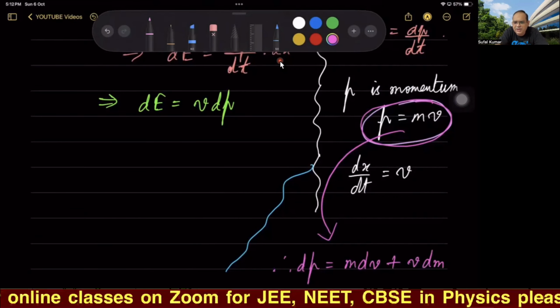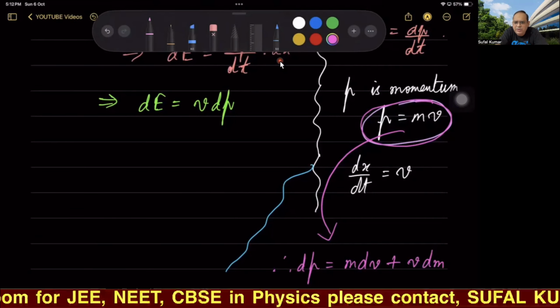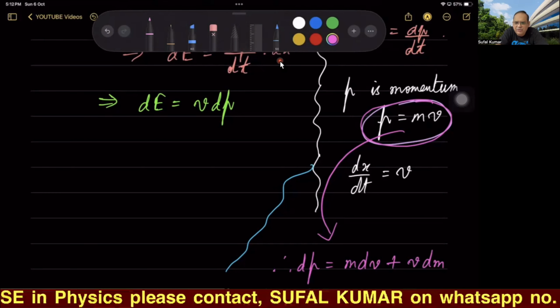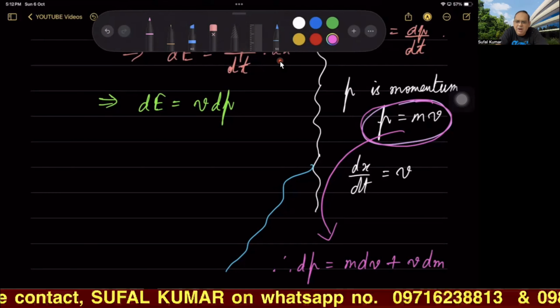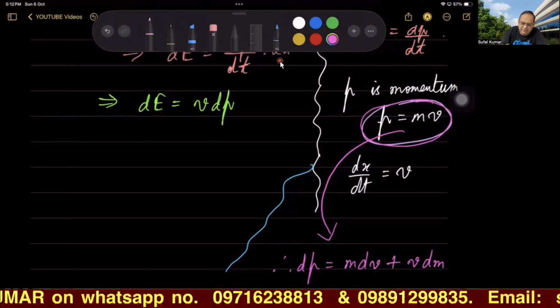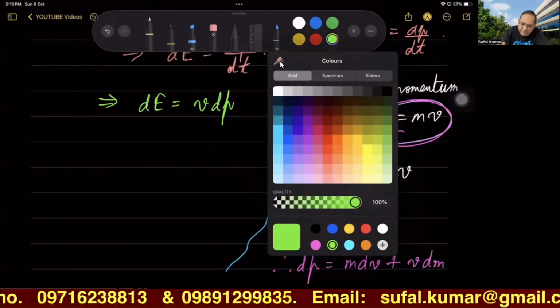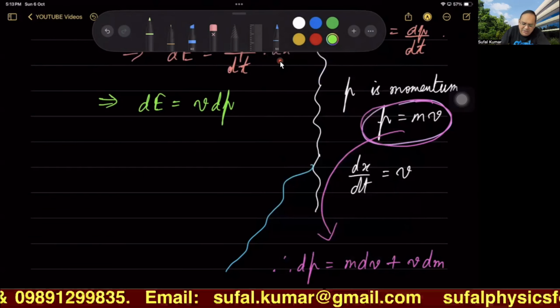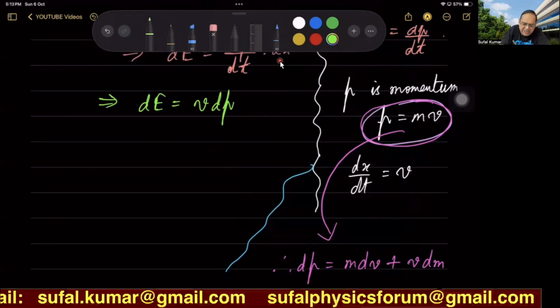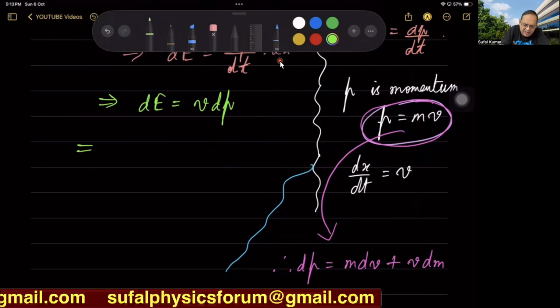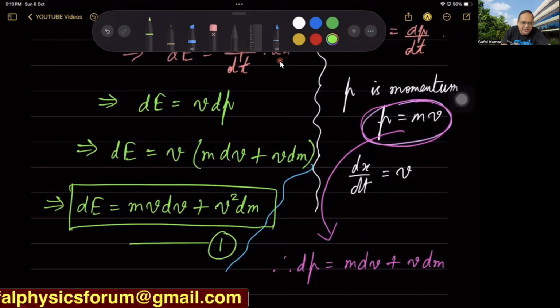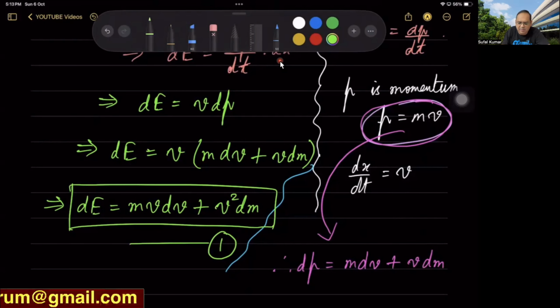For this differentiation, we were bound to consider this kind of differentiation because mass is also variable. Then putting this value of dP in the equation, dE is equal to v dP. This is considered as equation number 1.